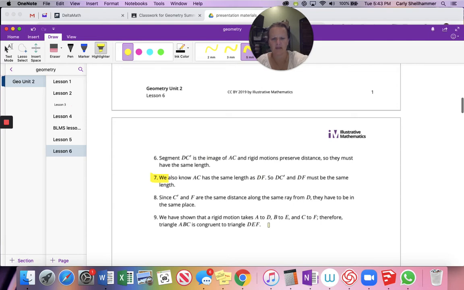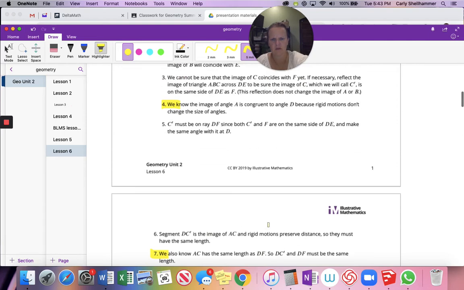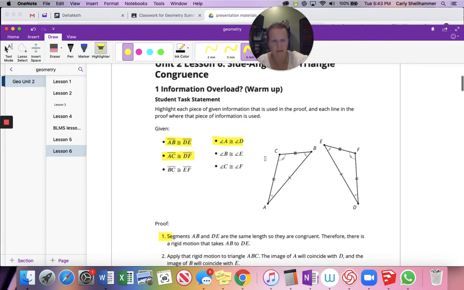I believe we used AB is congruent to DE, we also used AC is congruent to DF, and we also used angle A is congruent to angle D. So we used side, angle, side. Side, angle that's included, and side.